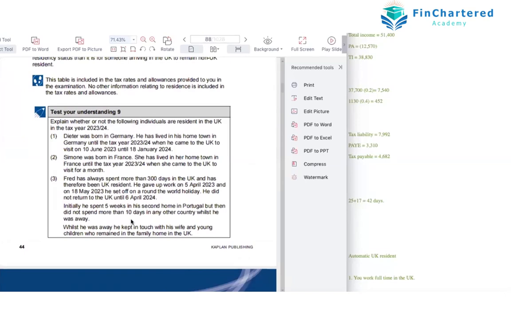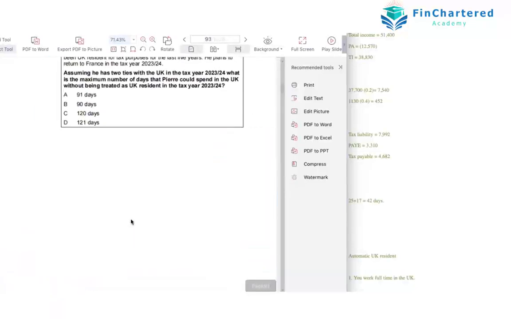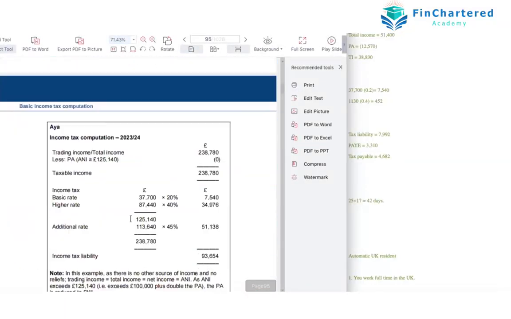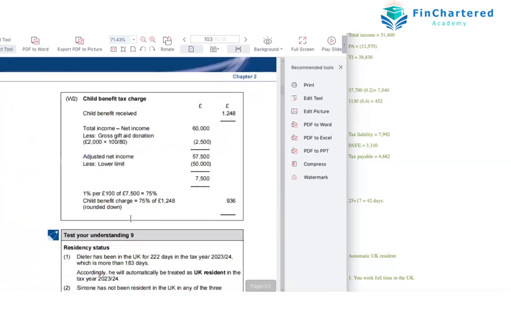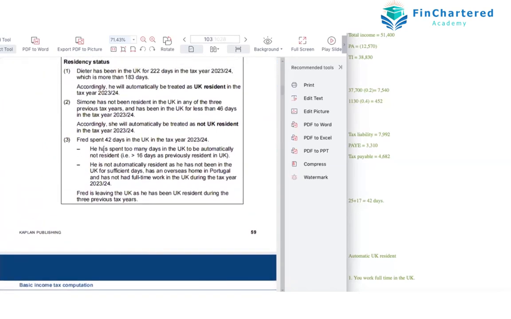Right? So again, if you look at test your understanding 9, he has spent too many days in the UK. That is 42 days in the UK to be classified as not resident. You cannot put him in the not resident category.